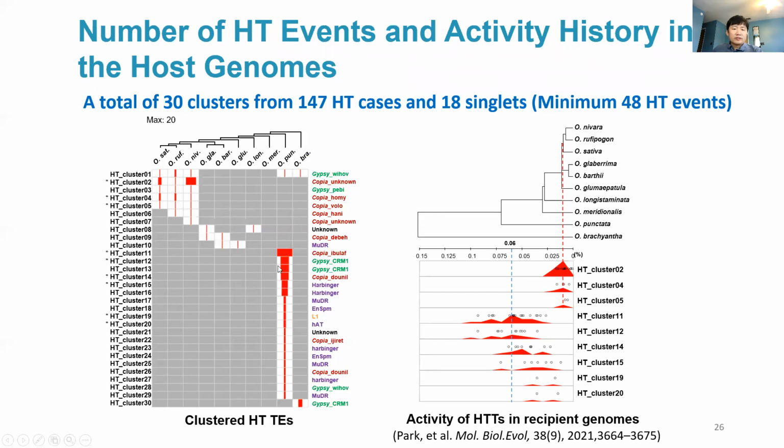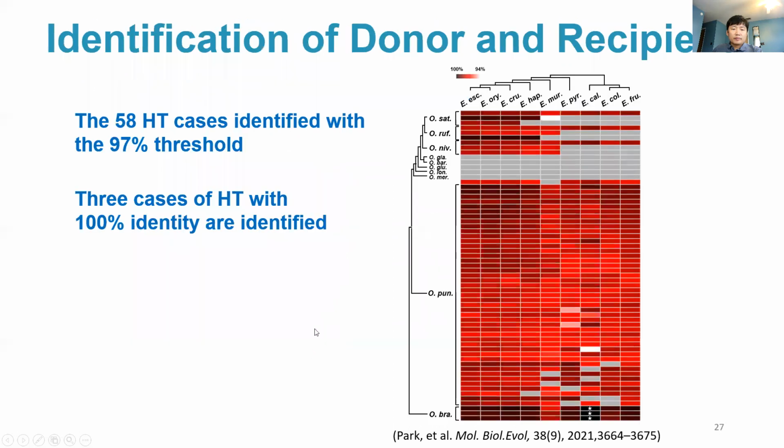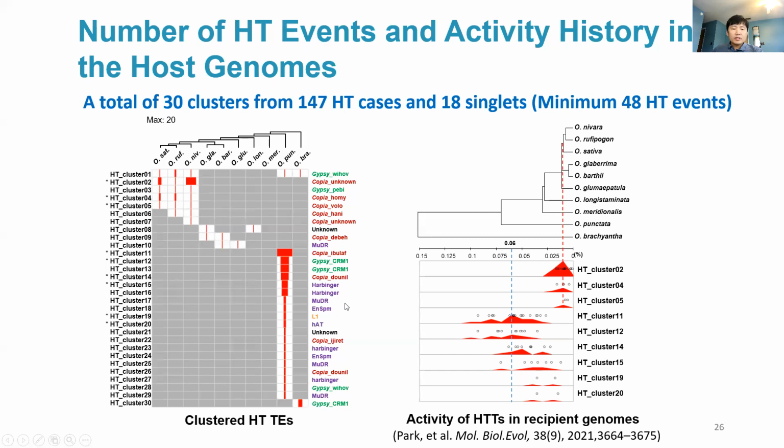Interestingly, massive horizontal transfer events occurred between Oryza punctata and Echinochloa, and most of the horizontally transferred DNA transposons were identified in Oryza punctata.